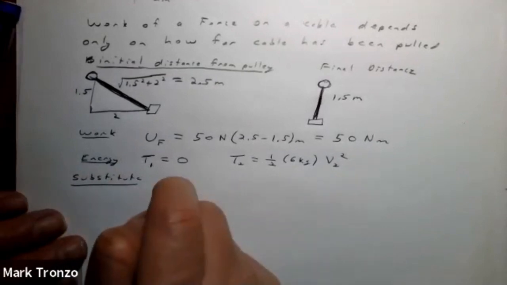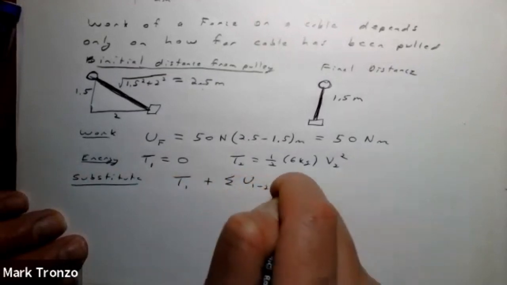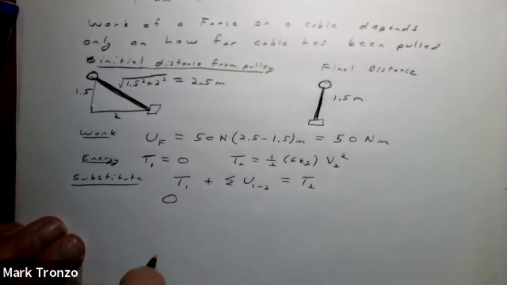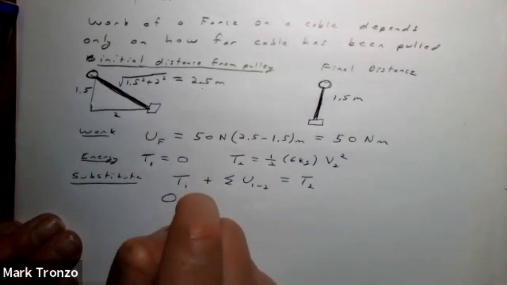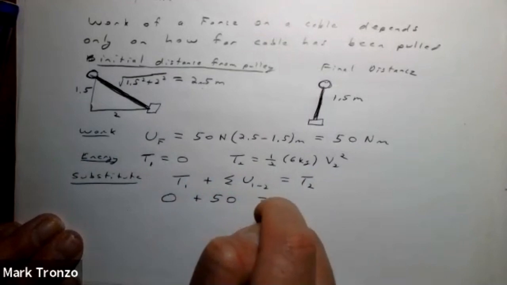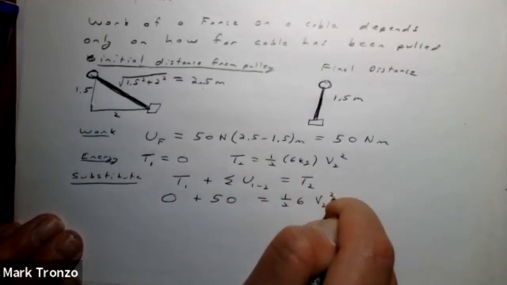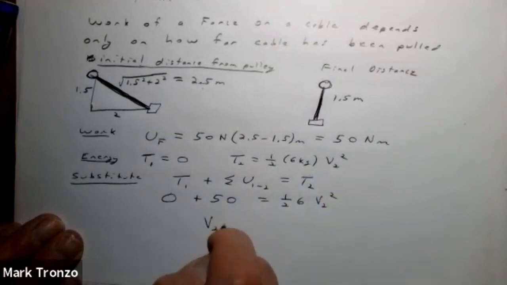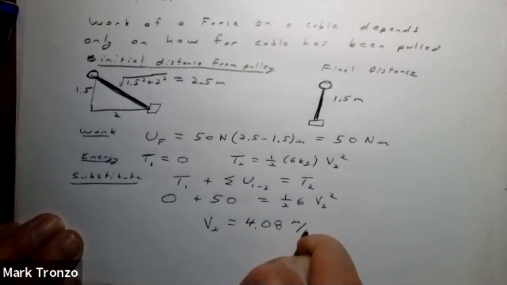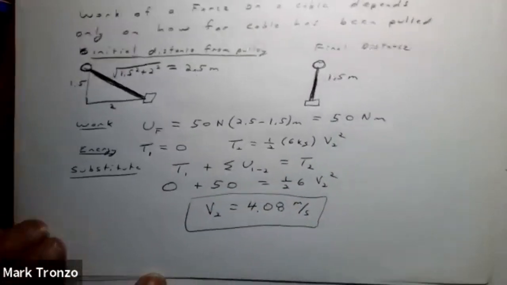Substitute into T1 plus the summation of U1 to 2 equals T2. We know that T1 is 0. Then the force on the cable is 50 newton meters. On the right-hand side, we have 1/2 times 6 times V2 squared. So we have V2 is 4.08 meters per second.